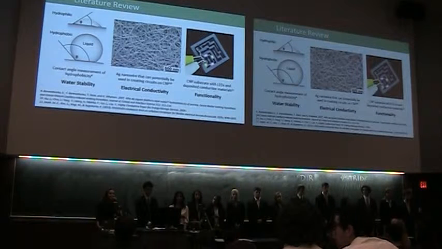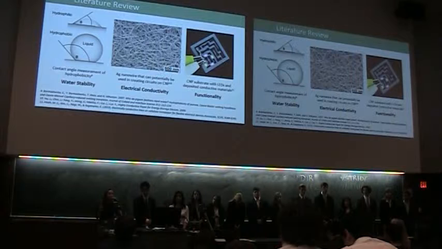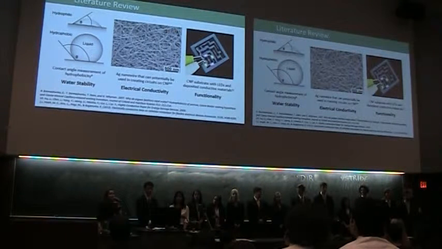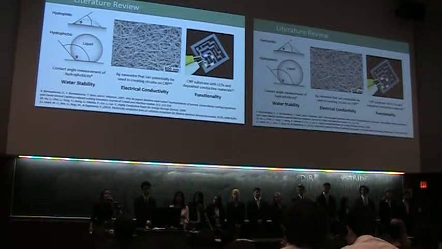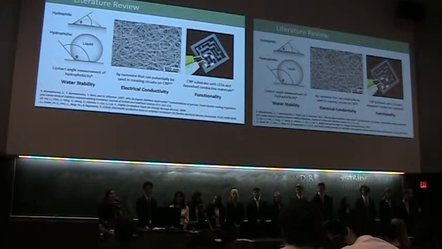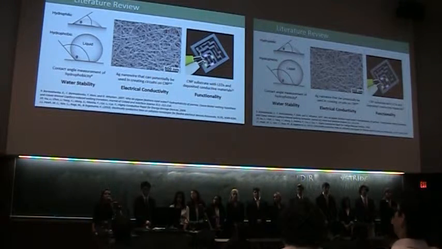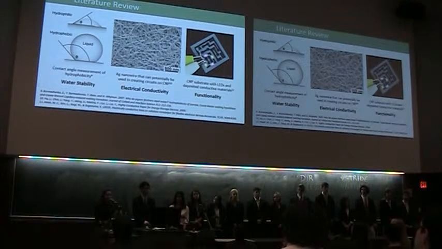So we also looked into methods to increase the hydrophobicity of the paper, making it more afraid of water. CNP is also a natural insulator, but we researched methods to make it conductive with coatings of conductive materials such as silver nanowires and graphene. And finally, with regards to functionality, we researched methods to make our paper a clean slate upon which a variety of electronic structures can be built.